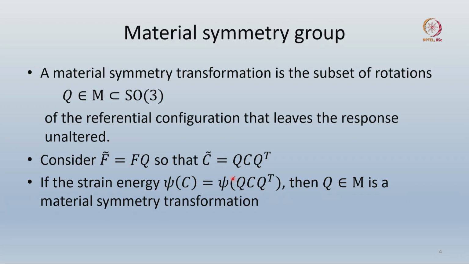Then the C tilde corresponding to this composite deformation gradient F tilde will be Q C Q transpose, where C is the Cauchy-Green strain corresponding to F. If I write the strain energy as a function of this Cauchy-Green strain C, and Q is in the material symmetry group, then the material symmetry implies that the strain energy computed via C corresponding to F would be the same as the strain energy computed with the material frame rotated by Q, that is psi of Q C Q transposed.